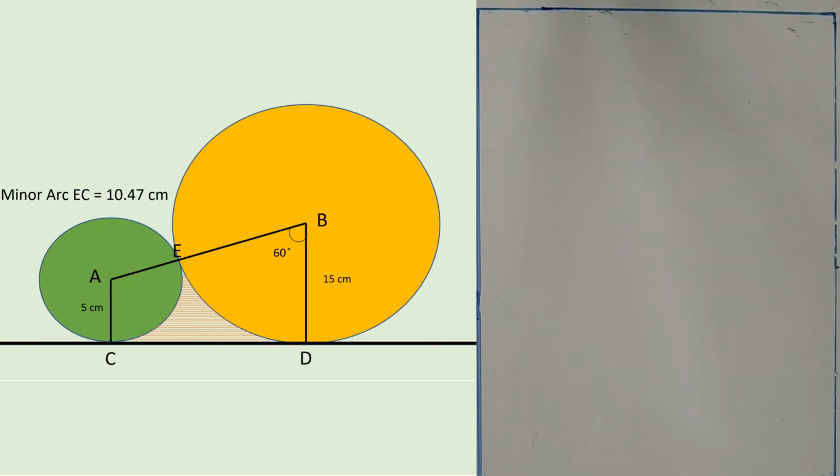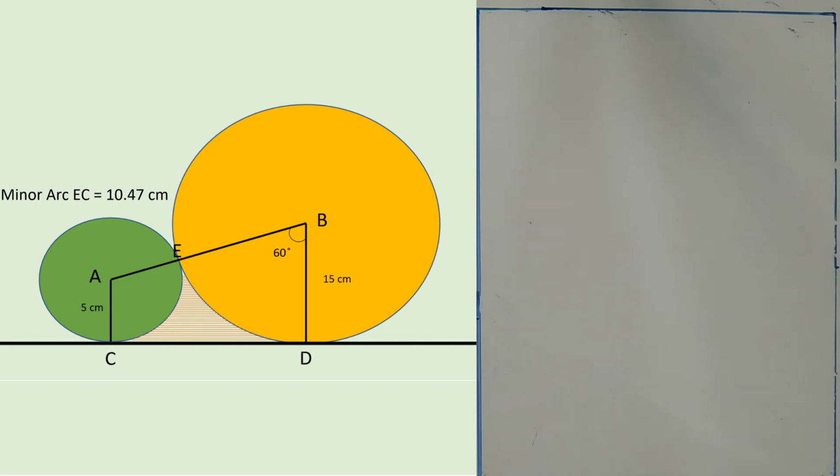In the third sub-question, we had to solve for the shaded area CED. We can obtain this by subtracting sector areas AEC and BED from the area of the trapezium.